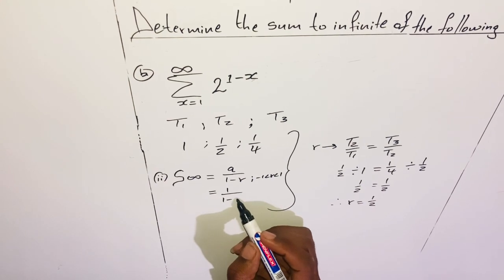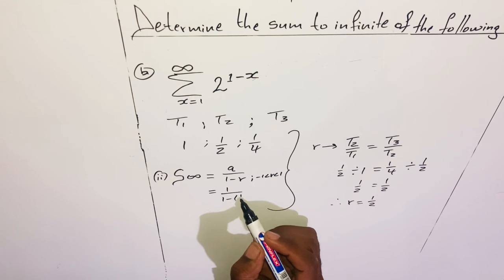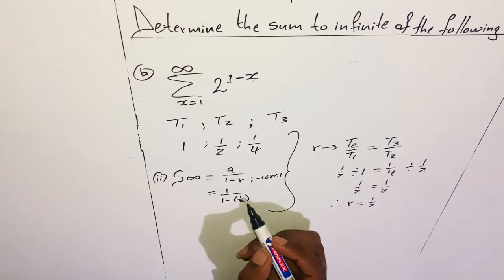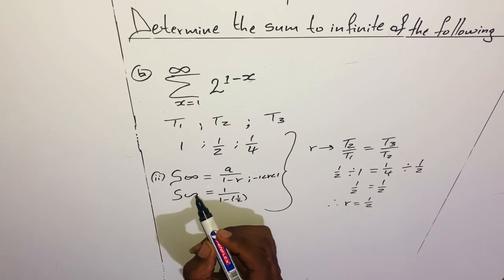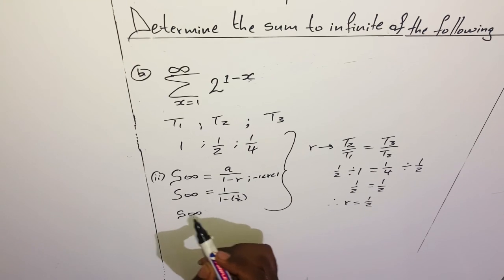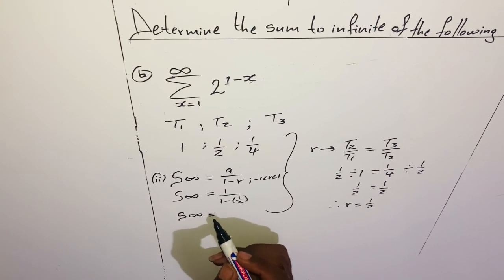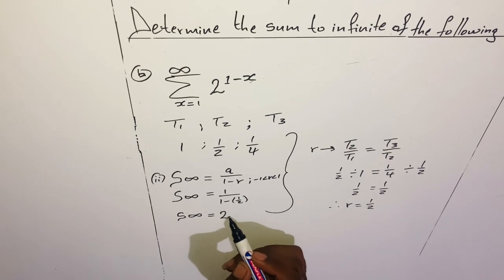Then 1 minus my r, it's 1 over 2. Then my sum to infinity, you punch this on your calculator, you'll get 2.